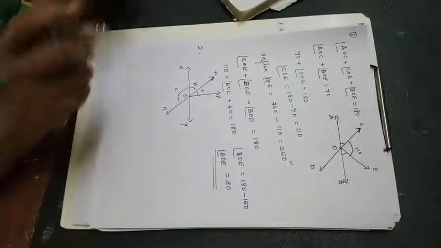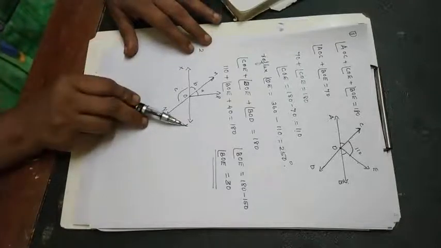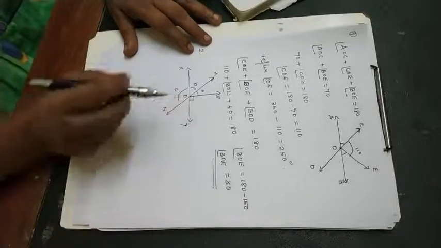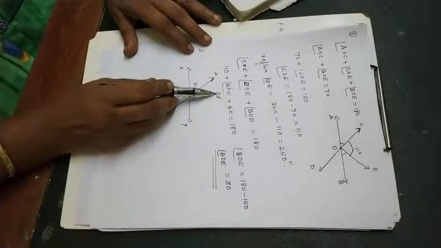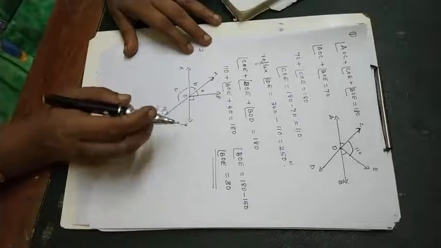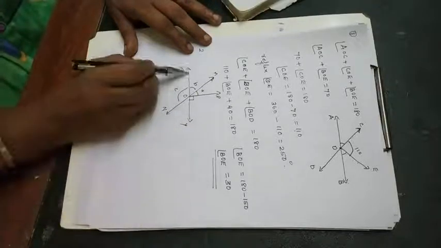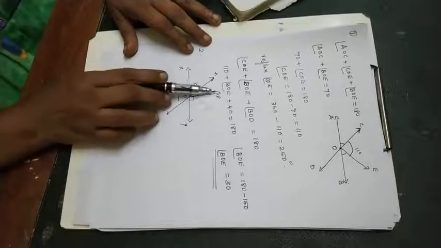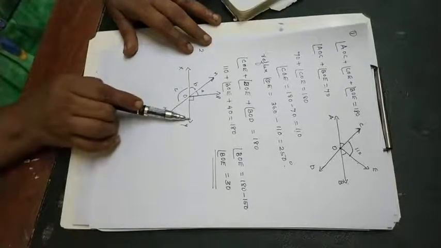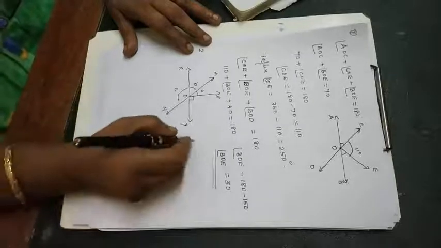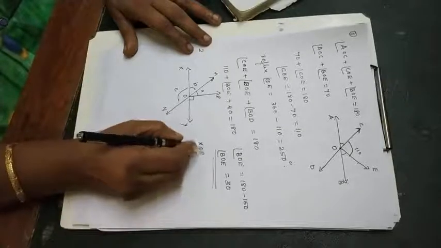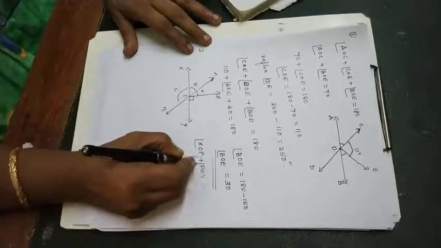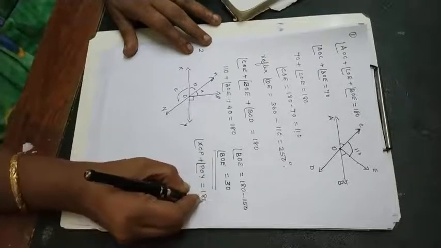Now look at this one, XY is a line, OP is a perpendicular, that is 90 degree. So XOP plus POY is equal to 180 degree, linear pair you will get. Angle XOP plus POY is equal to 180 degree.